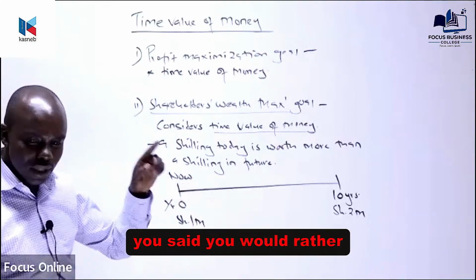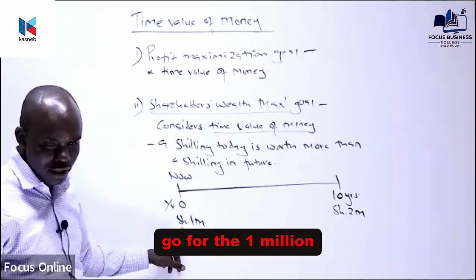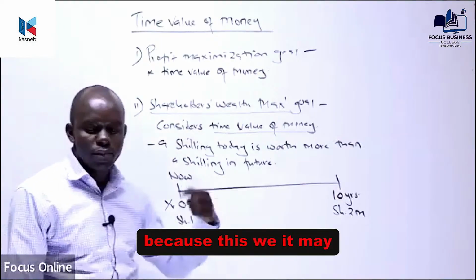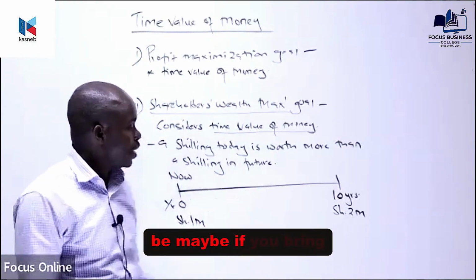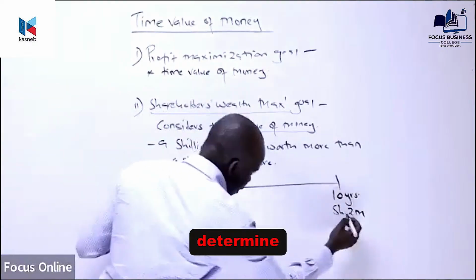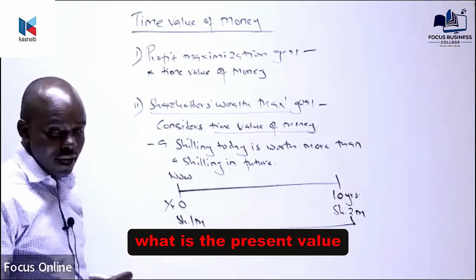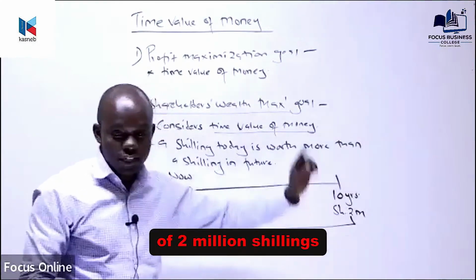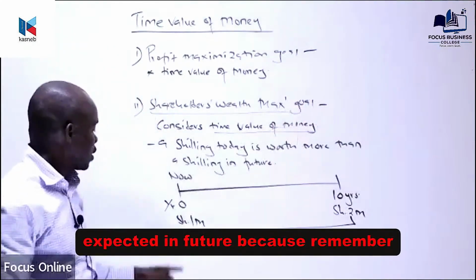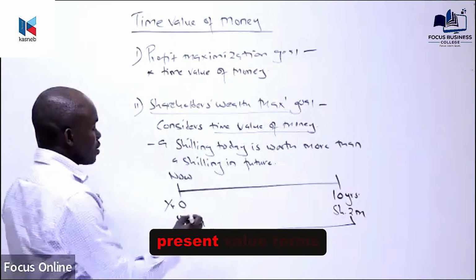You said you would rather go for the 1 million, maybe if you determine the present value of 2 million shillings expected in future. Remember, this 1 million is in present value terms.